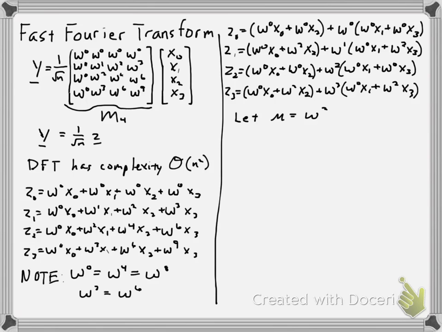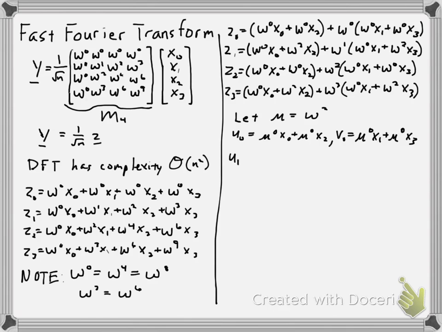and I'm going to let u0 equal mu to the 0 x0 plus mu to the 0 x sub 2, and then I'm going to let v0 equal mu to the 0 x1 plus mu to the 0 x3.